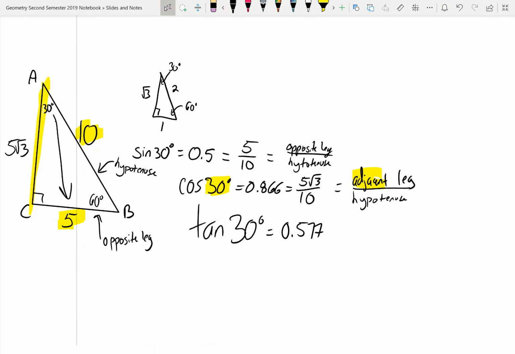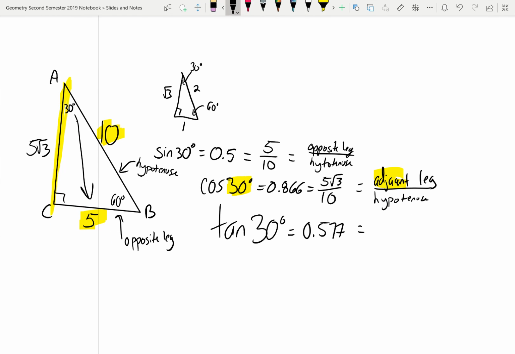And that ends up equaling 5 over 5 root 3. And that's the opposite leg divided by the adjacent leg.